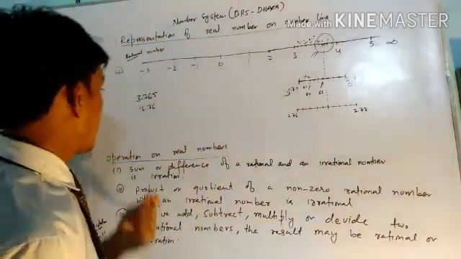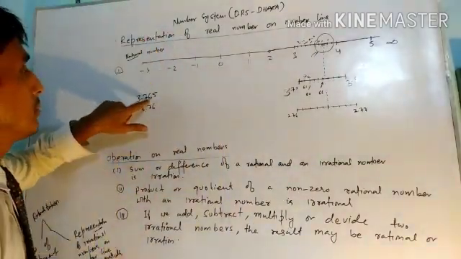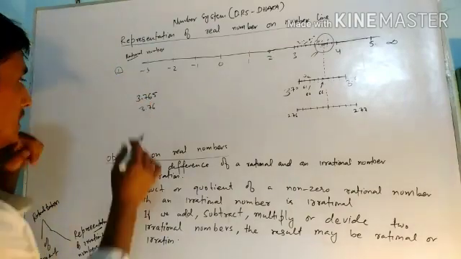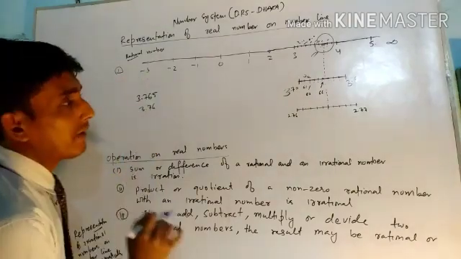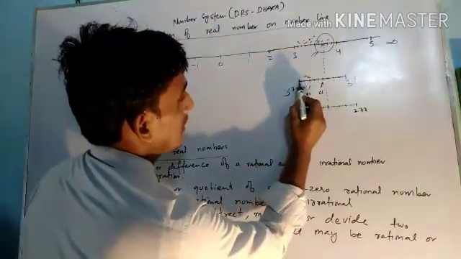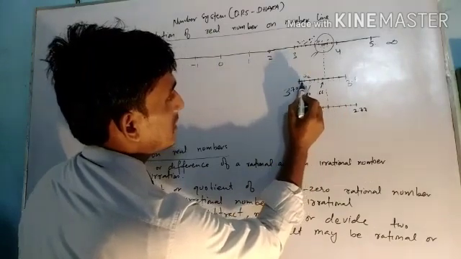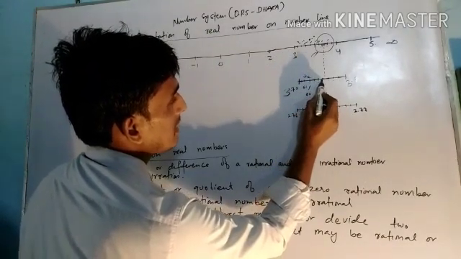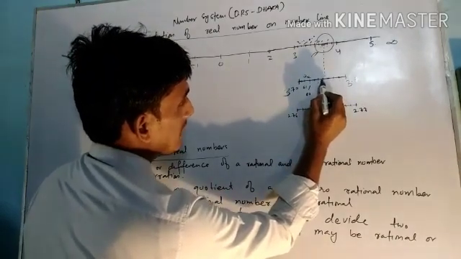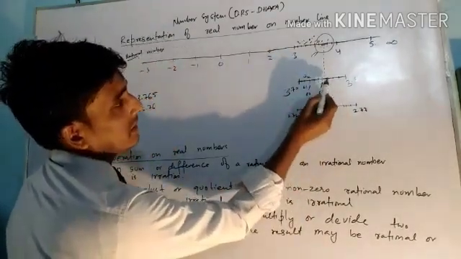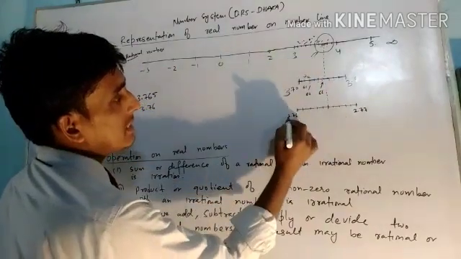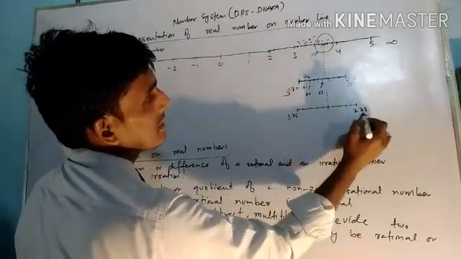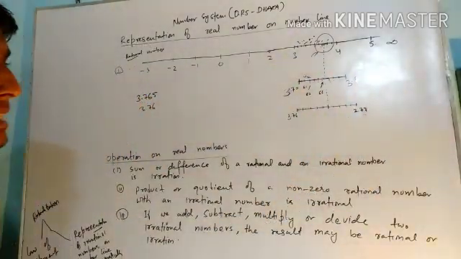Our number is more than 3.76, because it is 3.765. So our number is lying between 3.76 and 3.77.